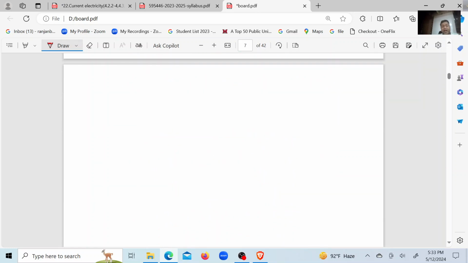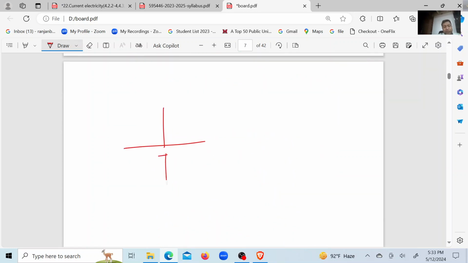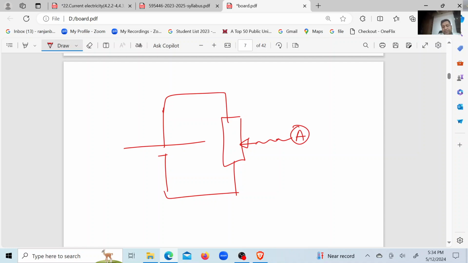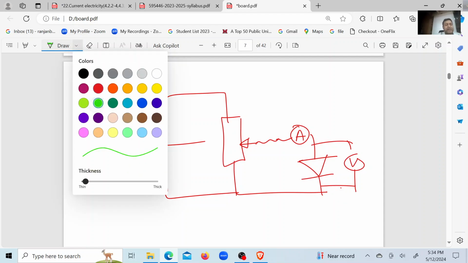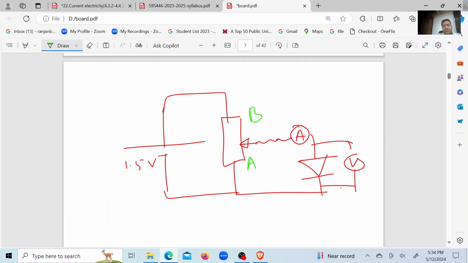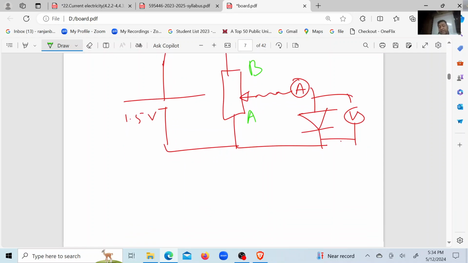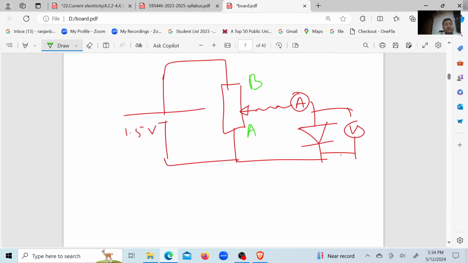Now, what will be the IV graph? Look, if you use a potentiometer to provide different voltages across a diode, and you slide it from A to B very slowly, then this is called forward bias for the diode.